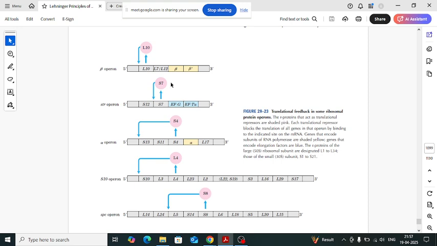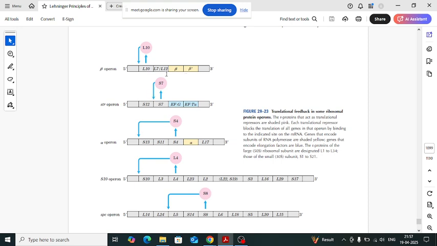Here L10 is the repressor of the translation of the beta operon. Beta and beta dash are subunits of the RNA polymerase.